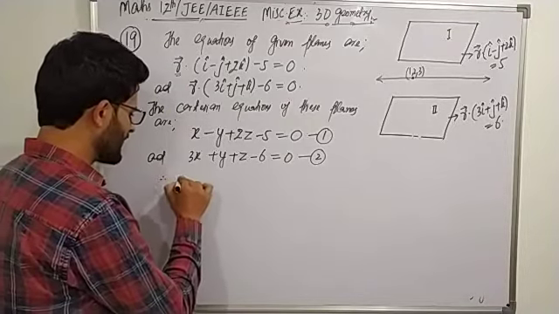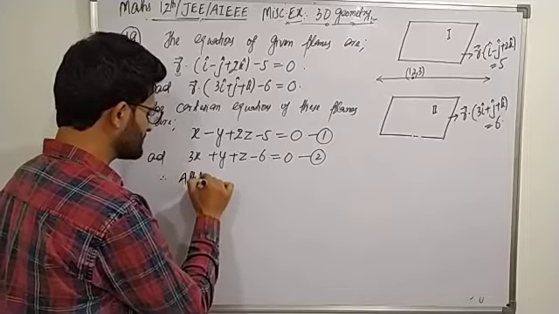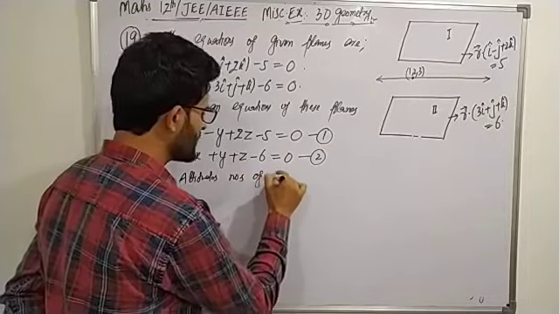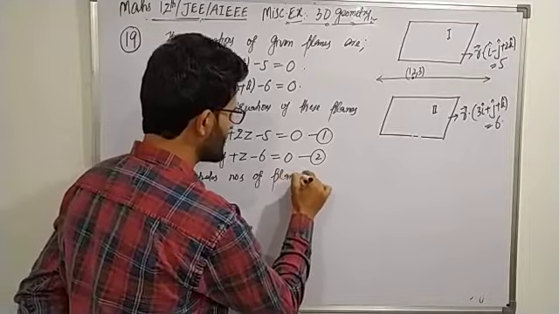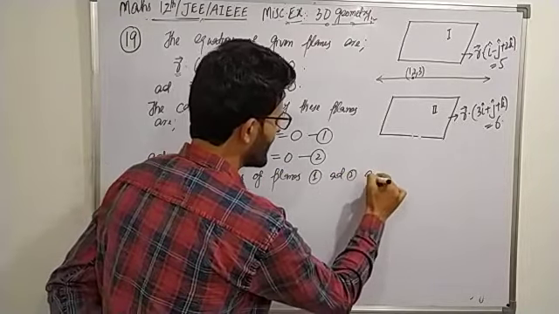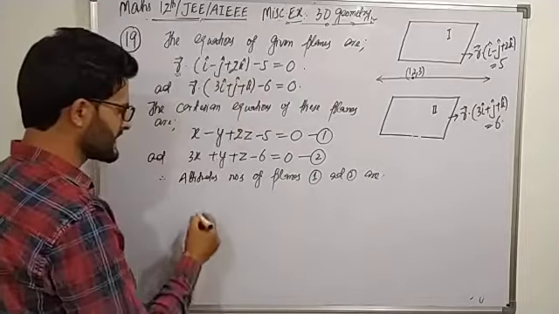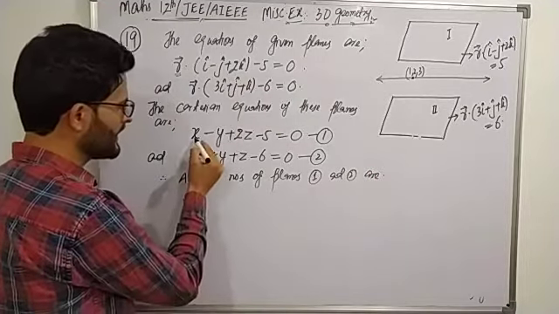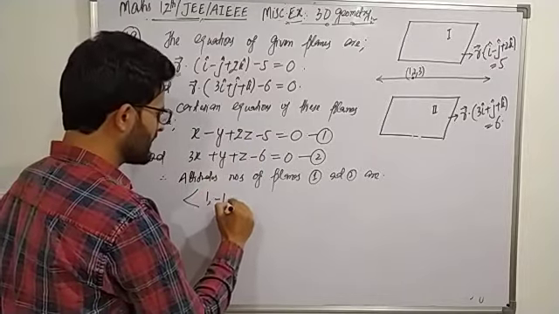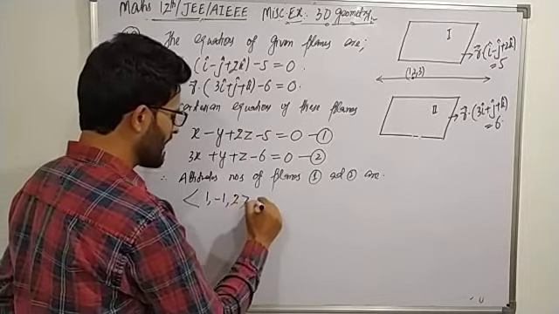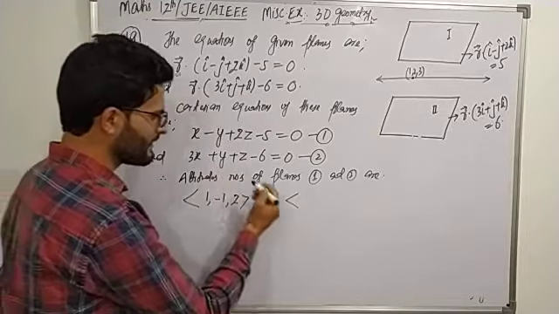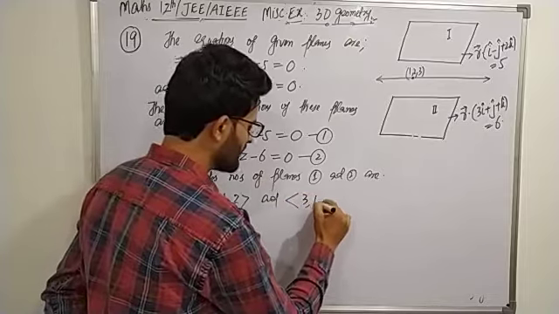Attitude numbers of planes first and second are the ordered 3-tuple of the coefficients of x, y and z. So what are the attitude numbers of the first plane? 1, minus 1, 2. And of the second plane? 3, 1 and 1.